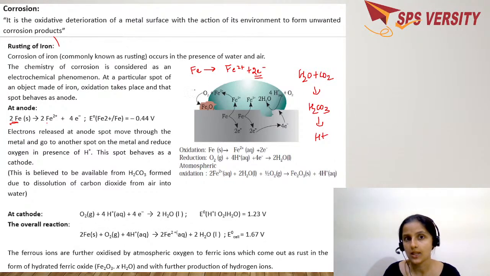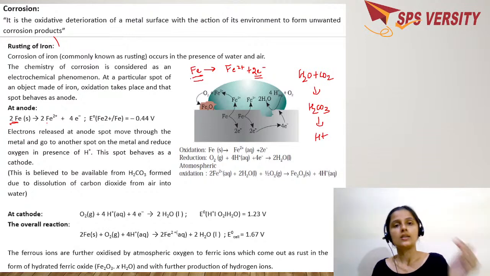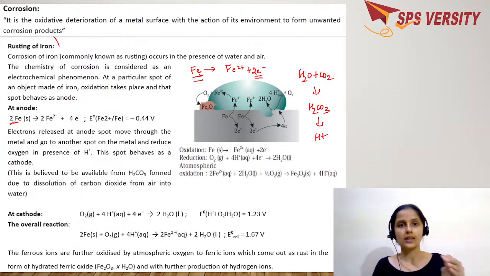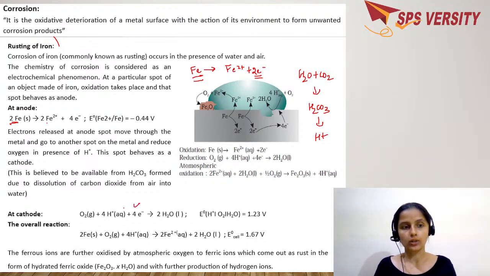Did you understand what I mean? So iron undergoes oxidation and electrons are generated on the surface of iron, and these electrons go to the next spot, and in the presence of H plus, these electrons combine with atmospheric oxygen, and this gives water. Now you have to balance the number of electrons.